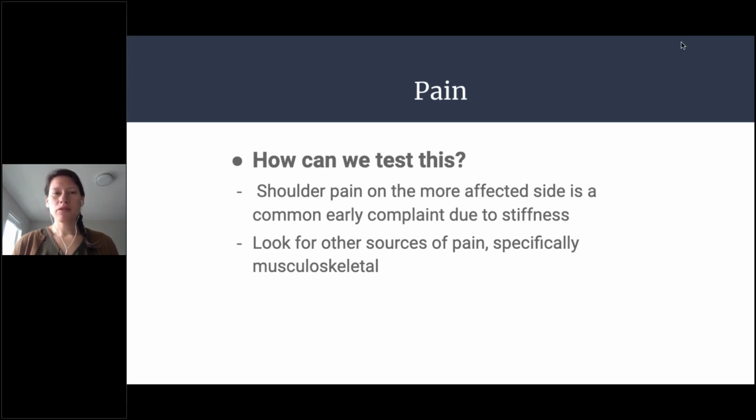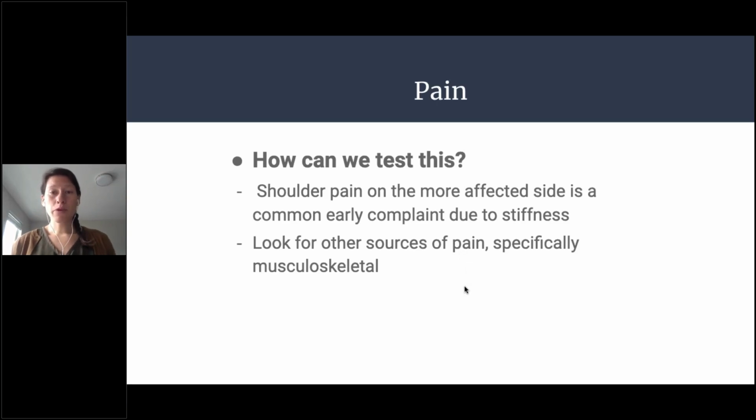A really common way that patients first might notice their Parkinson's, and this might happen to you or someone you know, is that they notice some shoulder pain on the affected side because there's stiffness there, and they might think that they have an orthopedic issue there and go see an orthopedic doctor, or get a shoulder surgery. We hear that all the time. But really it's just the stiffness, and because they're not swinging their arm in the same way that they were before.